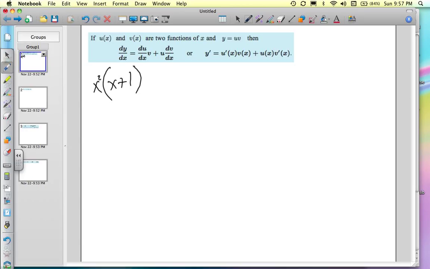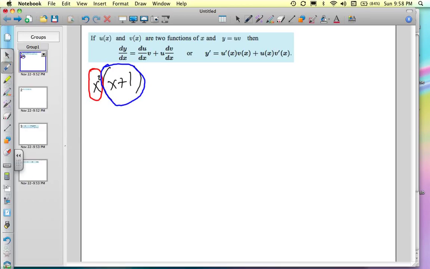Okay, so you could split this up into two different functions. x squared times x plus 1. Okay?